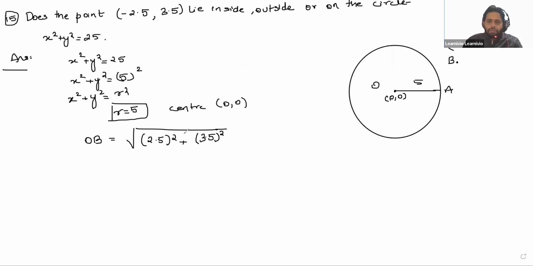Now if OB is equal to the radius, then we will say this point lies on the circle.